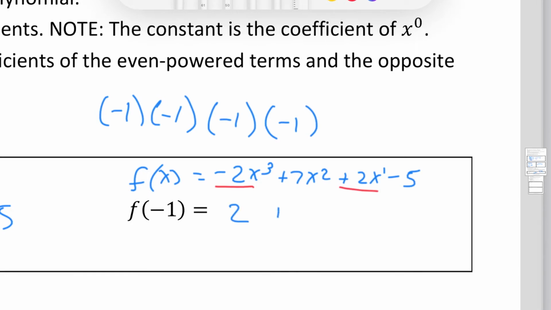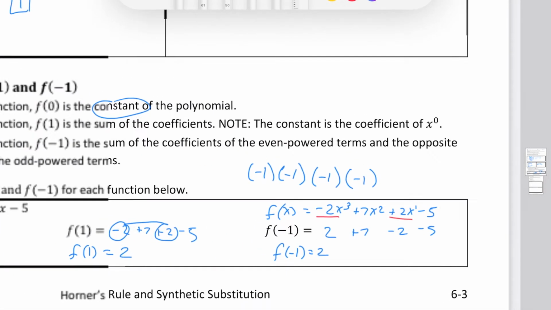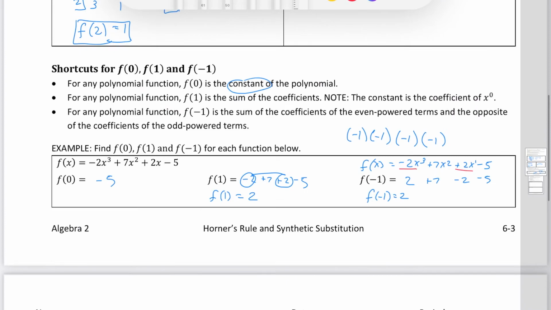So 2 plus 7 minus 2 minus 5. And notice again that I've got a couple of things that would go to 0, the 2 minus 2, and then 7 take away 5 would be a 2, so f of negative 1 would be a 2. So it's just a quick way to evaluate our function. Now, here's how we put it to work.